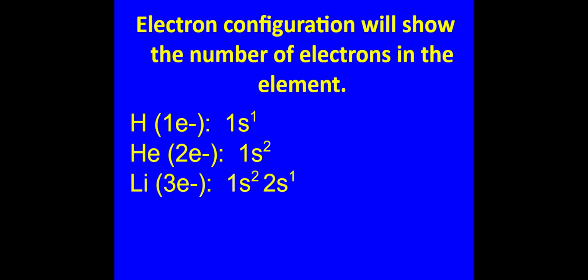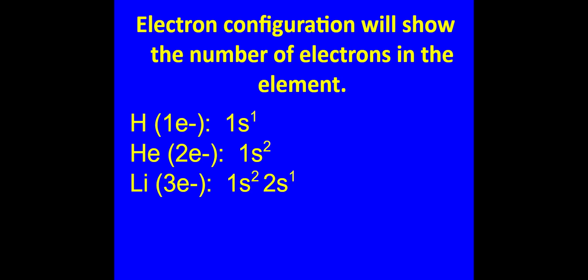Starting the second row, the second period, the second energy level. Lithium has 3 electrons. We always fill the 1s orbital before we do anything else, and 1s2 is basically helium. So that's a shorthand way that you'll see on occasion, like on your TI graphing calculator app.